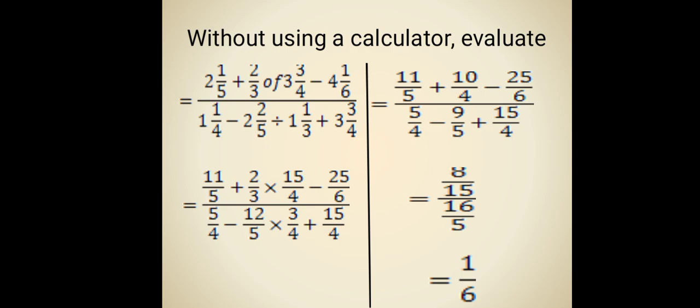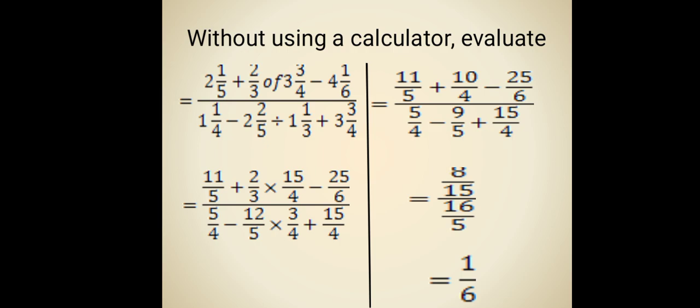So 2 1/5 is 11/5 multiplied by what we have gotten, 2/3 of 3 and 3/4. It becomes 10/4, and then less 4 6, which is now 25/6 when written as an improper fraction.